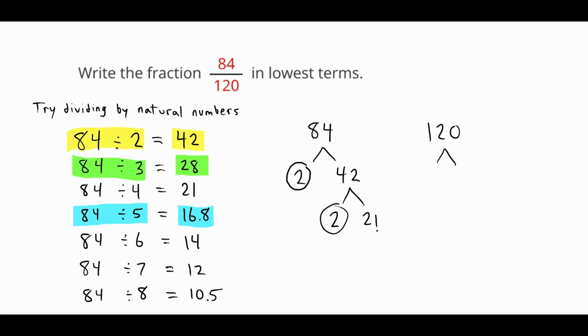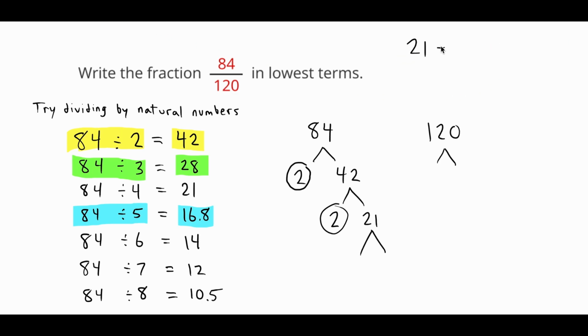2 is prime, but 21 is composite, meaning it has more factors than just itself and 1. So let's break it up. You could try 21 divided by 2, but that comes out to 10.5, which means that 2 is not a factor of 21.